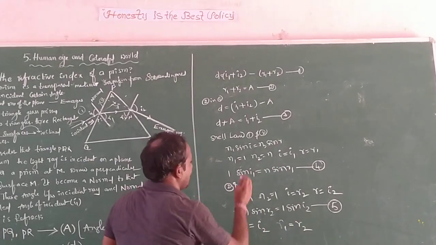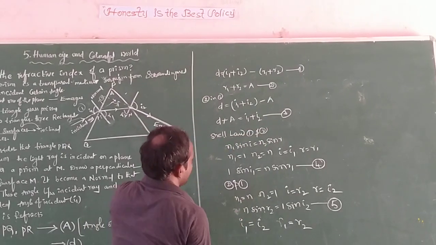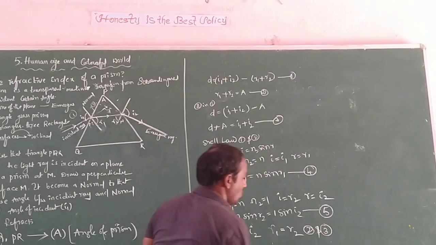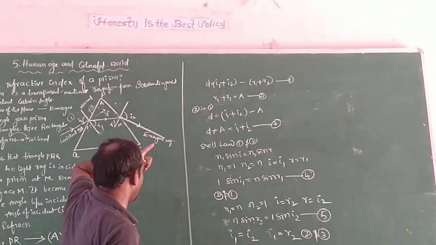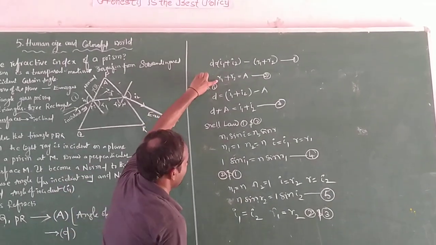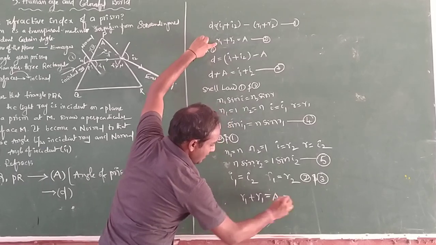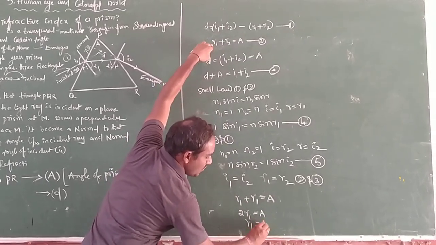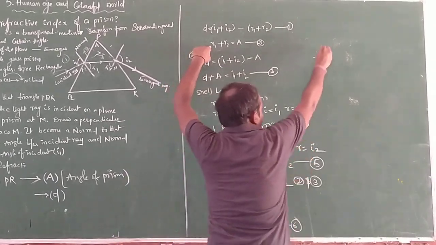Substituting these values in equations 2 and 3, what will we write? R1 plus R1 is equal to A. Then 2R1 is equal to A. Then R1 is equal to A by 2. This is equation 6.